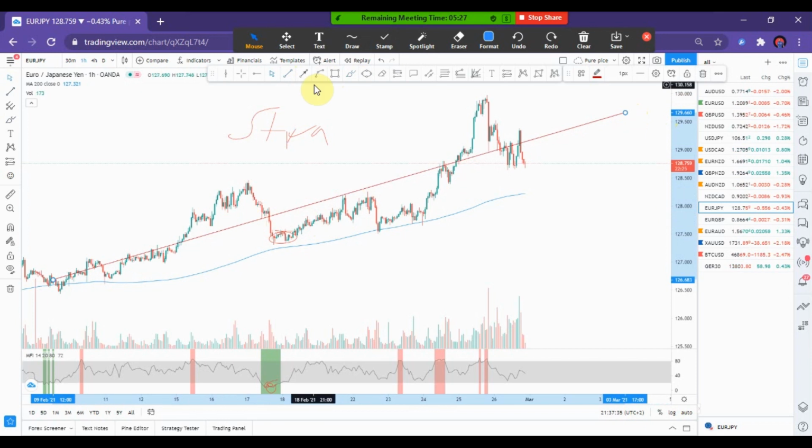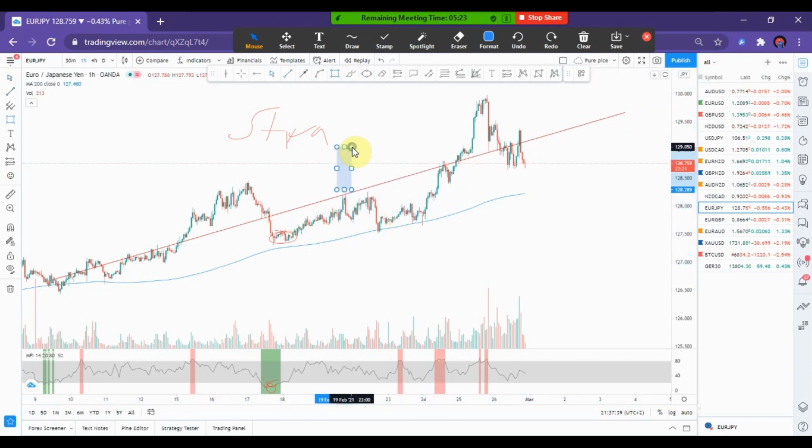So when I buy after this market flow here, if I buy after this break here, it's simply obvious that my stop loss should be here, and my take profit is not known.